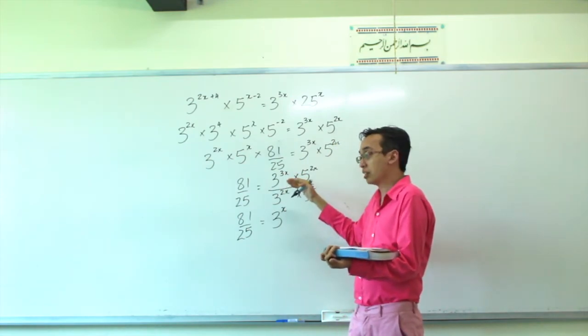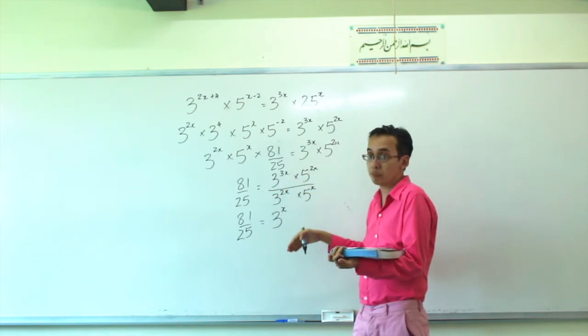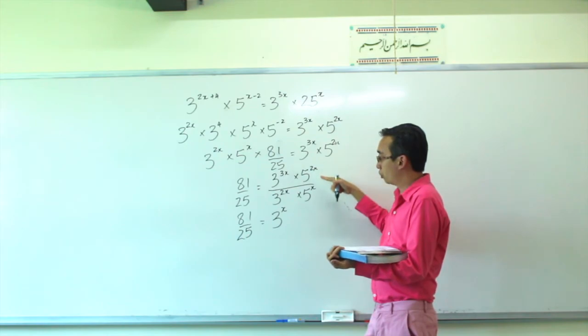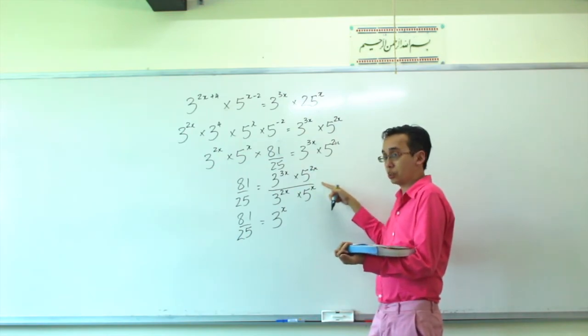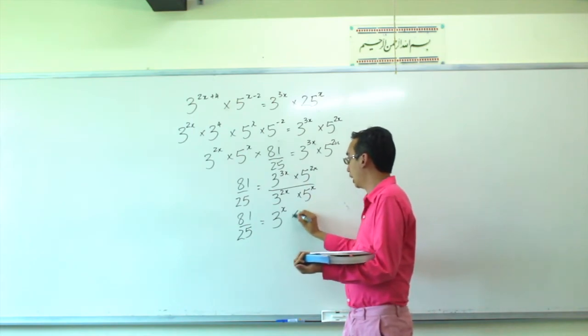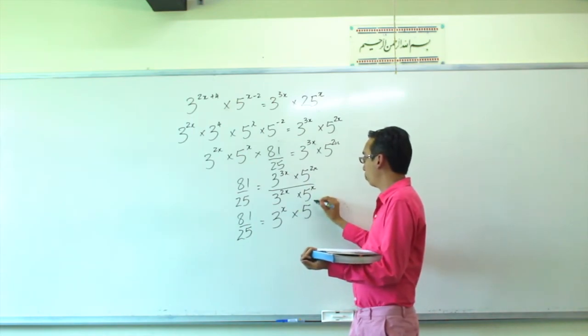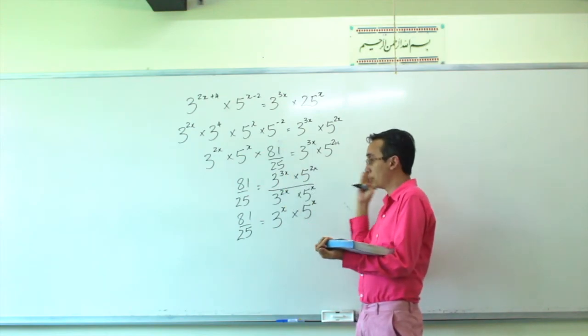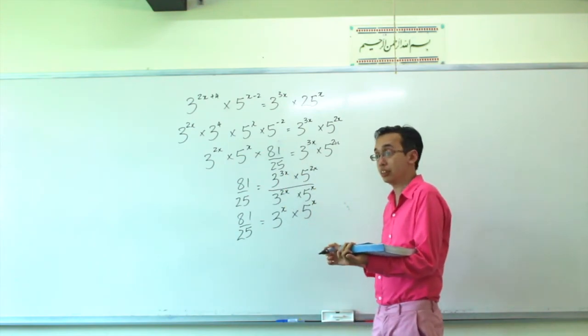Why we minus? Because same base and we divide them. Same base, we divide them, so this is 5 to the power of 2x divided by 5 to the power of x, so we subtract the power. So we times by 5 to the power of x in total. Now if you can't see, you can open up the brackets and see how they cancel each other out.